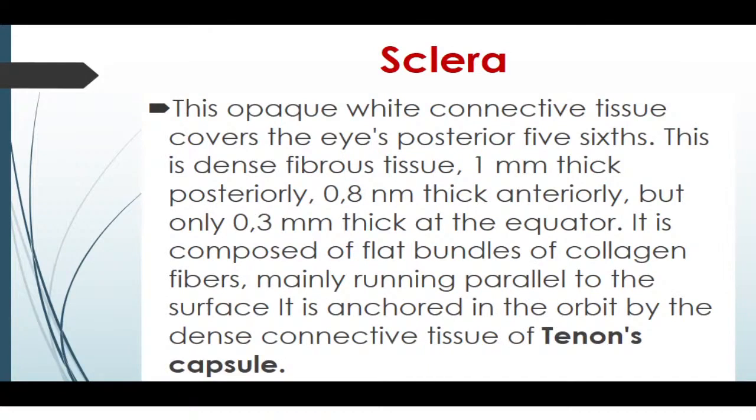And the last is the sclera. This opaque white connective tissue covers the posterior five-sixths of the eye. It is dense fibrous tissue, 1 mm thick posteriorly and 0.8 mm thick anteriorly, but only 0.3 mm thick at the equator.